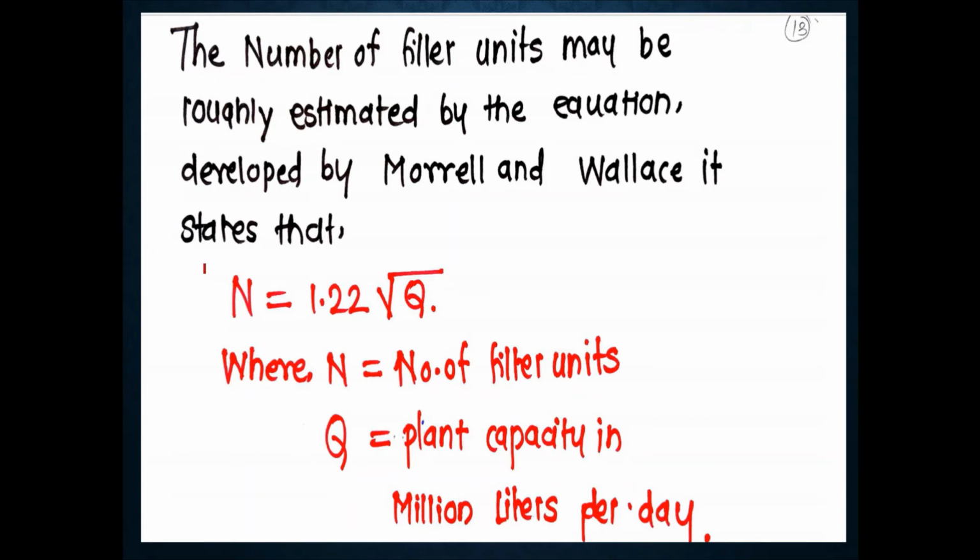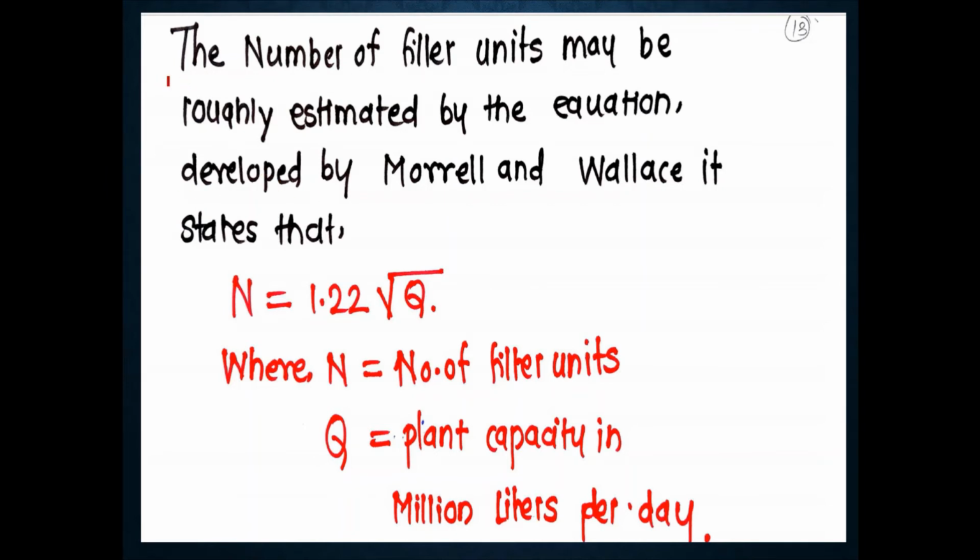Remember, the minimum filter units you should provide is 2, meaning 1 standby and 1 working, and you can provide more than that. But actually, how many filter units are roughly required, then one formula you have to use, and that formula is given by the two scientists Morrell and Wallace. That formula we will see.